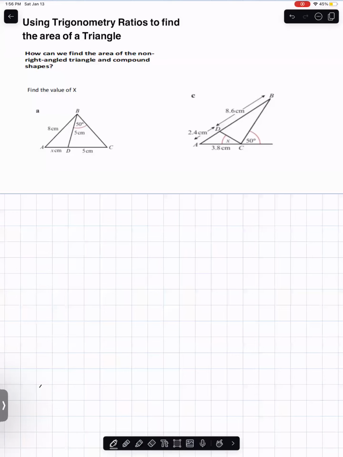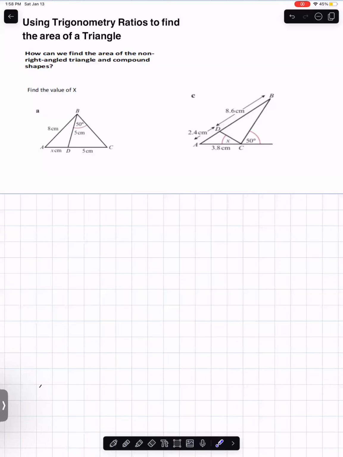Using trigonometric ratios to find the area of a triangle. So, how can we find the area of the non-right angle triangle and compound shapes? is our main focus for this class.